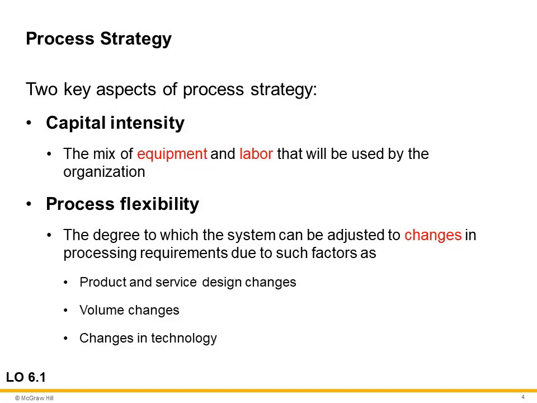And the second one is process flexibility, the degree to which the system can be adjusted to unpredicted changes in your processing requirement. For example, if you have oscillation in your customer demand, or if you have some technological changes, how flexible you are to be adjusted for that change.